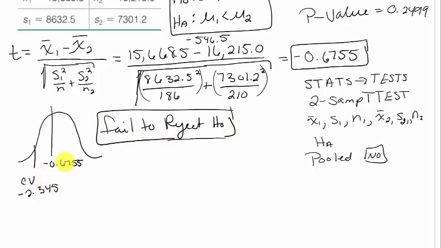And the graph, if you're going to do the p-value method, you would put alpha equals 0.01 here, and then your p-value would go here.